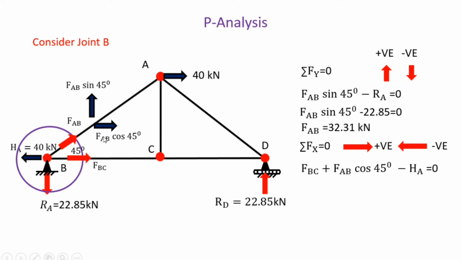Then FAB cos 45 is towards the right, that is why the plus, and HA is towards the left, that is why the minus. We have the value of HA and FAB. So put here FBC plus 32.31 cos 45 minus 40 is equal to 0. So we got FBC is equal to 17.15.